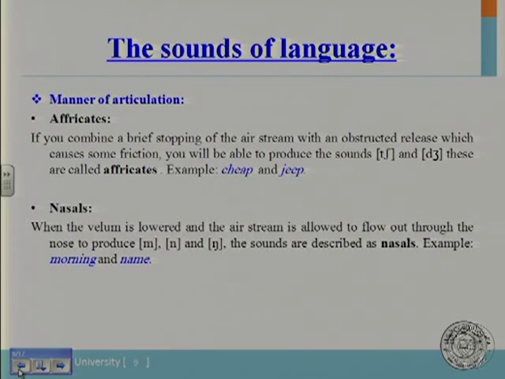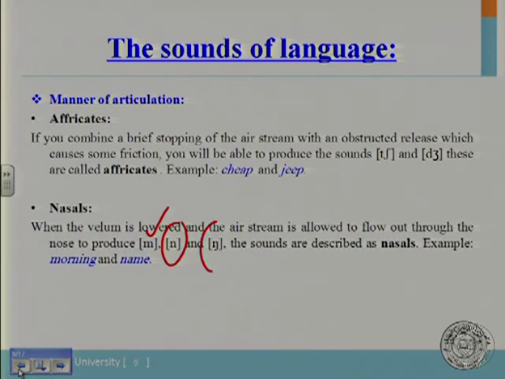Next is nasals. Here we have three main sounds. When the velum is lowered, the airstream is allowed to flow out through the nose to produce these three sounds. We have m. We have n.